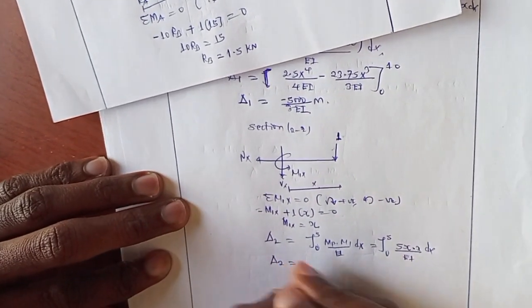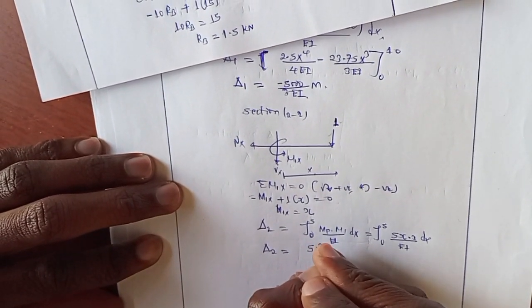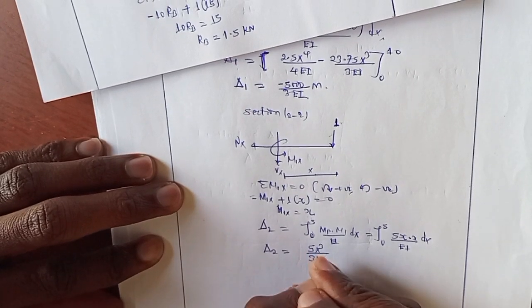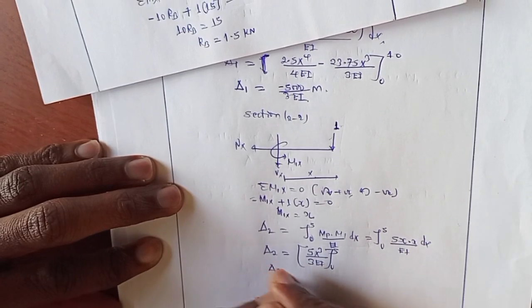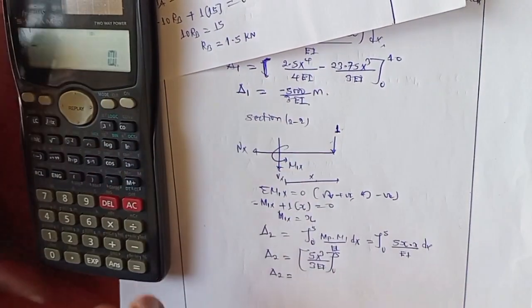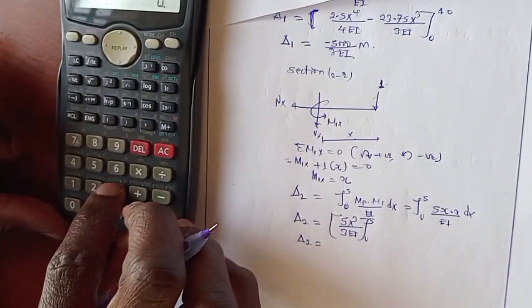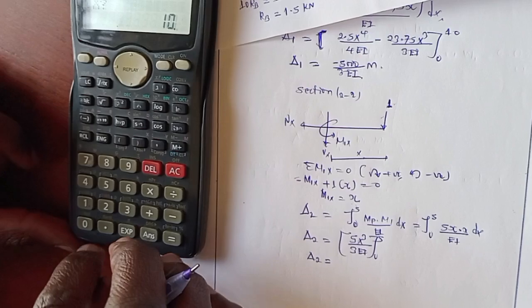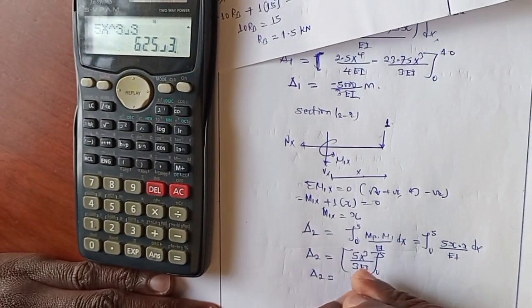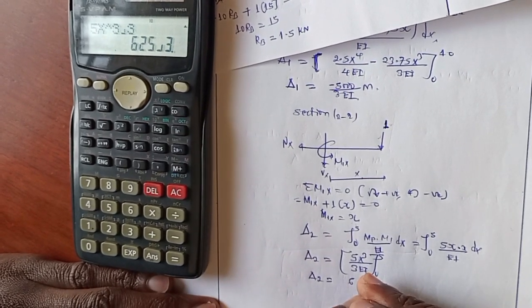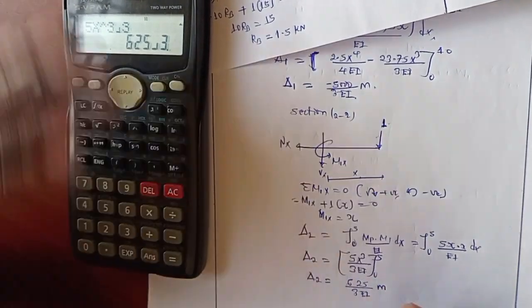When we integrate this one, it will be 5x cubed over 3EI, integrated from 0 to 5. Now deflection for section 2 will be 625 over 3EI. This is meter.